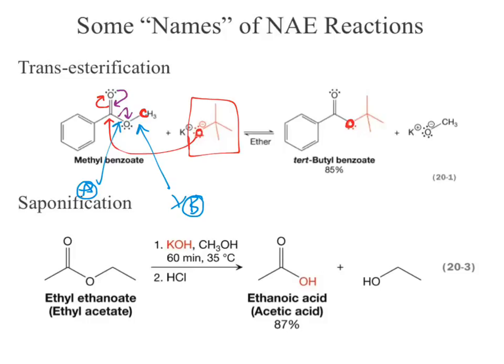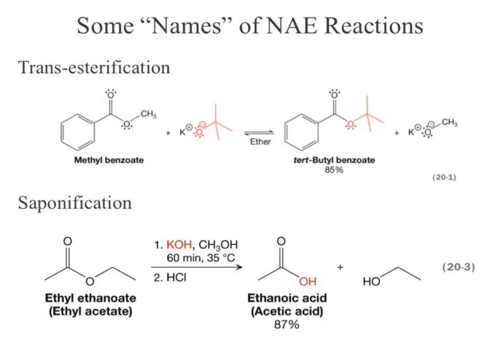Okay. So in the change of this reaction, what functional group did we start with? An ester. What functional group did we end with? An ester. So we start with an ester, we end with an ester. Oh, so that must mean nothing happened.